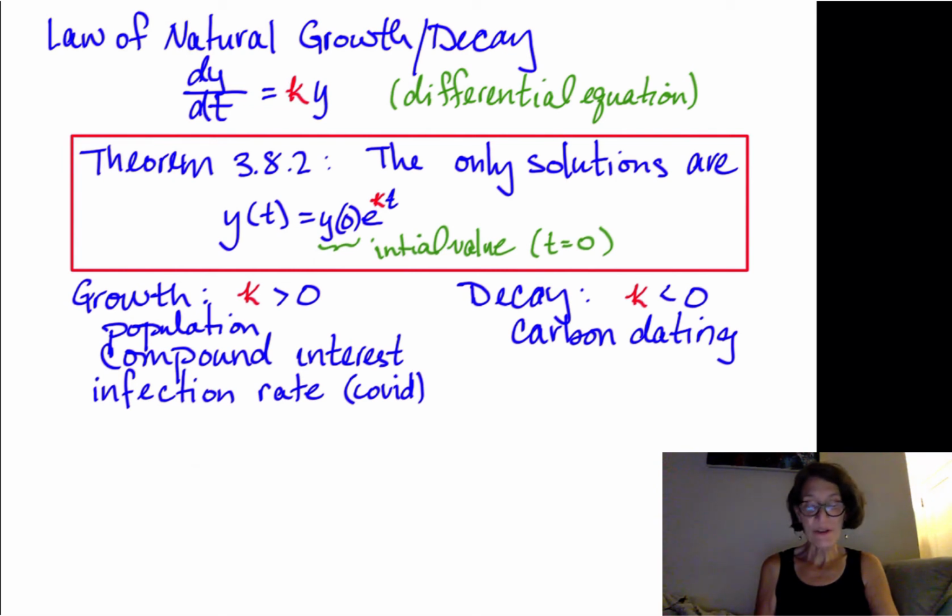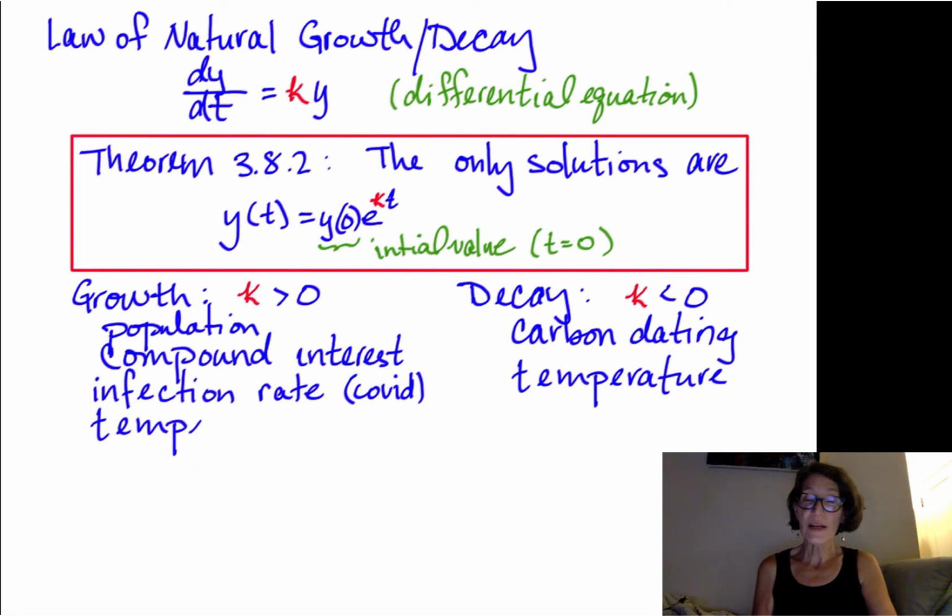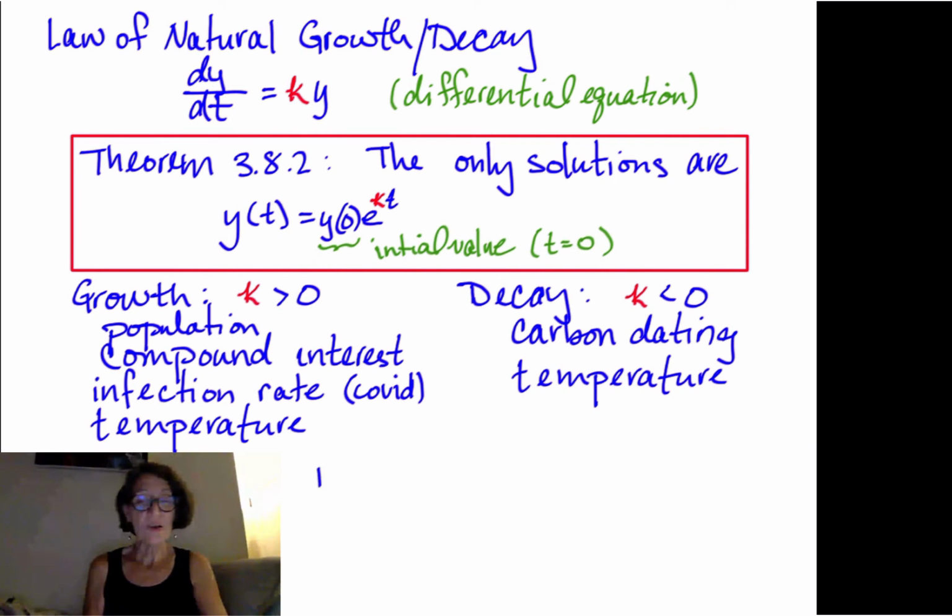So those are decay functions. Also, temperature. When something is cooling, that's an exponential decay function, but also when something is warming, that could be an exponential growth function.